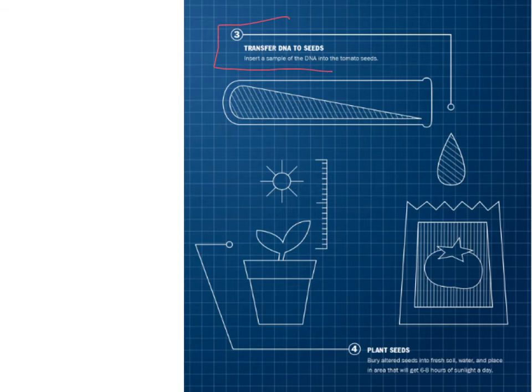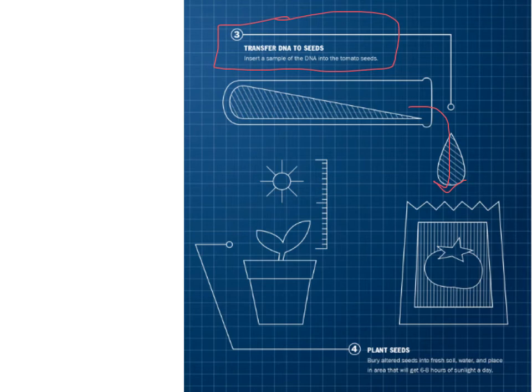So that leads us to step 3, transferring that DNA into seeds. Now this process is a little bit more complicated than this graphic suggests, but just for right now, imagine it's as easy as taking your extracted DNA and kind of like pouring it on tomatoes to get it into the tomato seeds.